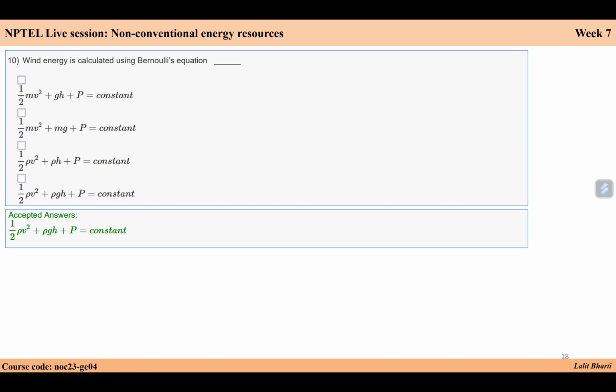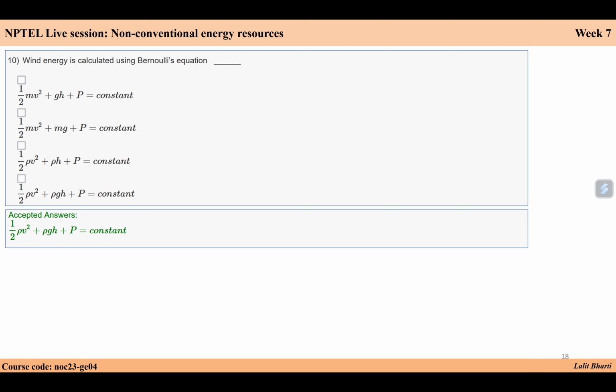Then we go to the next question. So this is the required Bernoulli equation for wind energy calculation. This is derived properly in the main lectures, so you can refer to that because it has a large derivation.